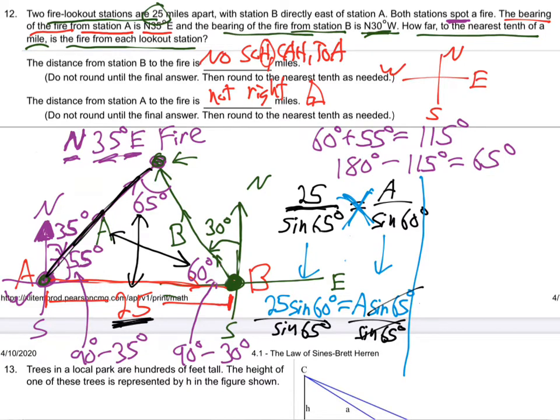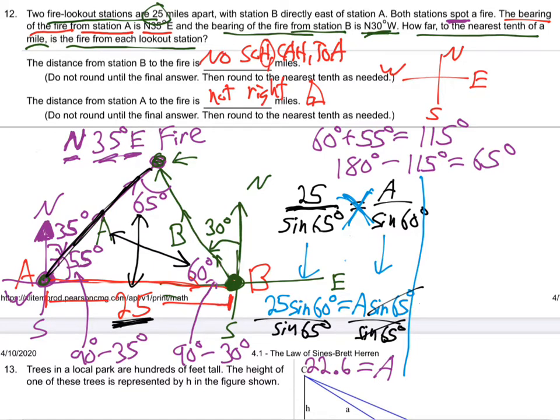So now we can get our hands on A. A must equal. Let's hit the buttons on the calculator. Make sure you're in degree mode as you crank out those angles.